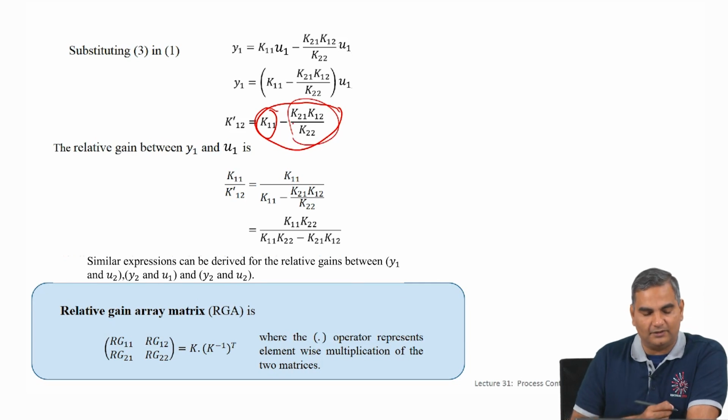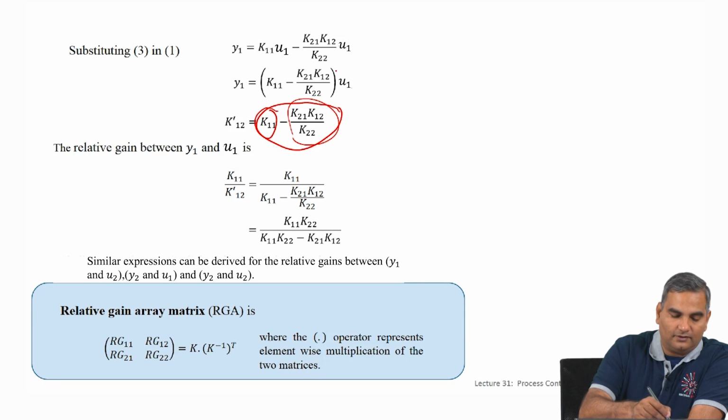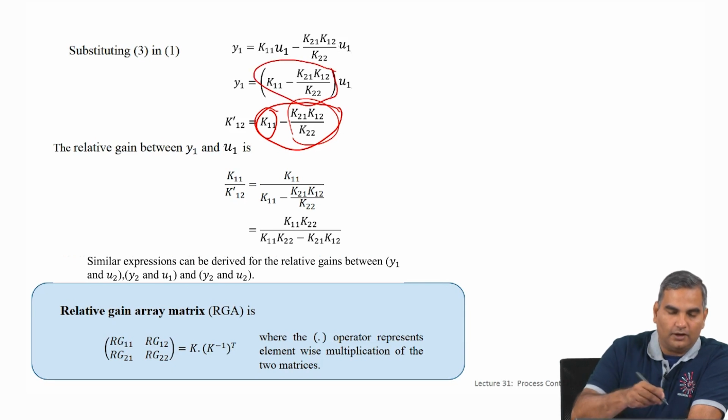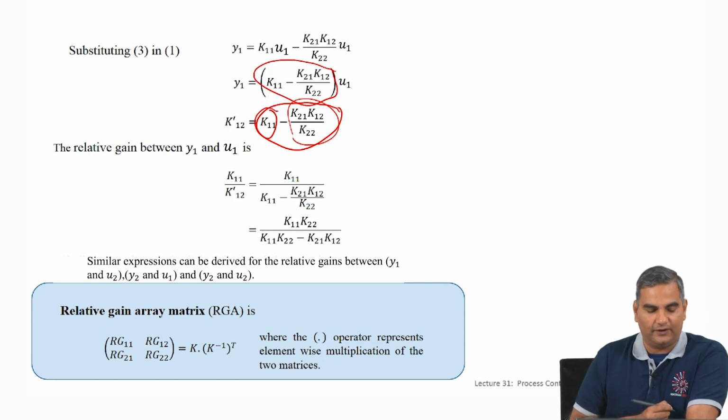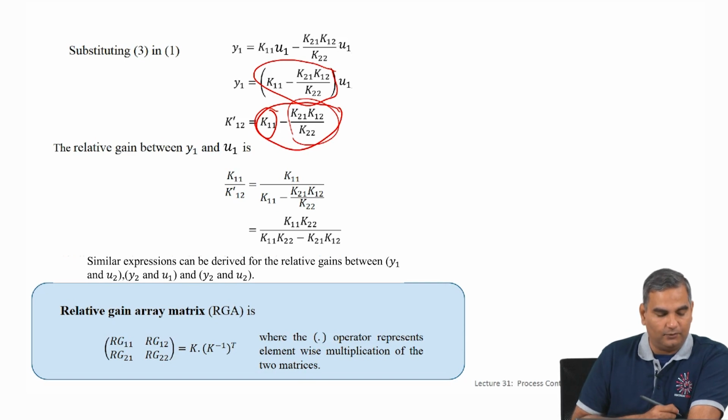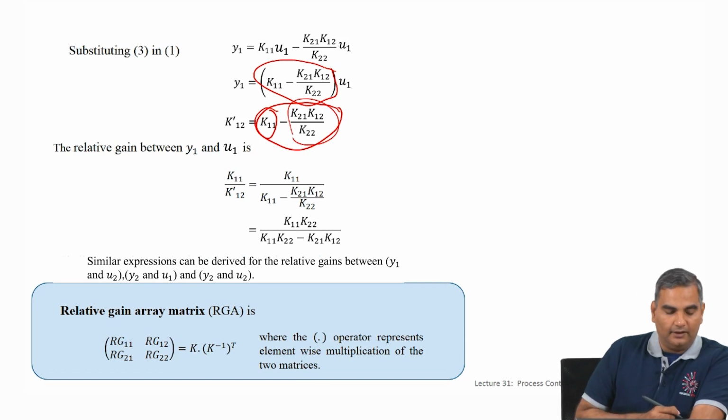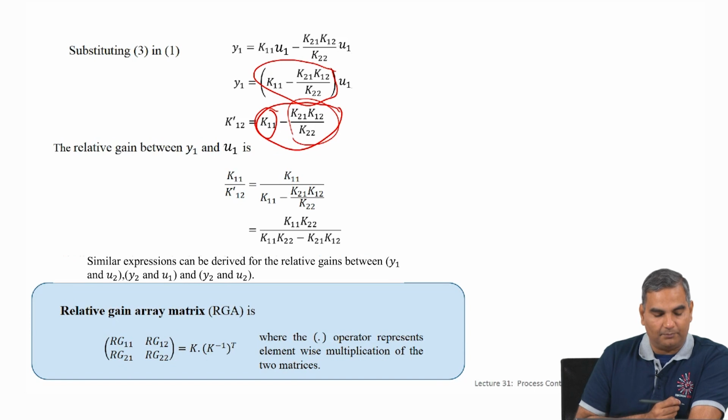So, basically what this says is if the other loop was closed, you will see this relationship between y1 and u1. So, I can think of this as the gain between y1 and u1 when the other loop is closed and perfect. So, the relative gain between y1 and u1 is k11 divided by k prime 11.